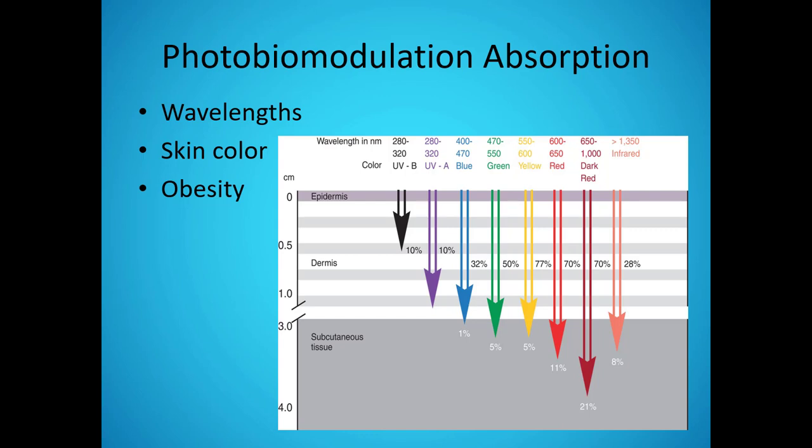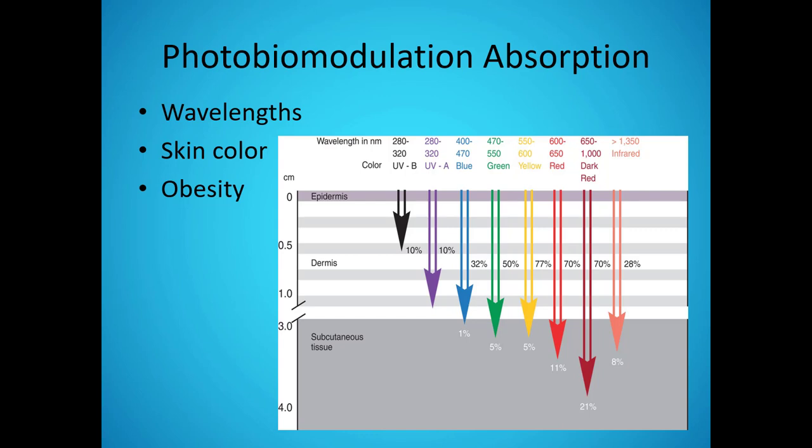Therefore, patients with darker skin may absorb more light in the cutaneous layers, preventing the light from penetrating into deeper tissues. In addition, the production of melanin is triggered by light in the near ultraviolet range. This could result in darkening of the skin or scar tissues as more melanocytes are produced.